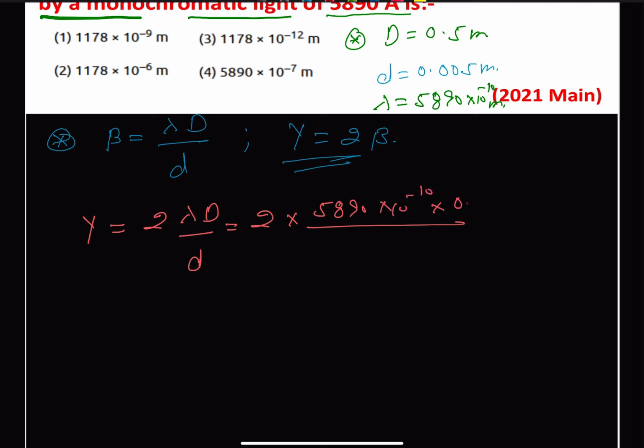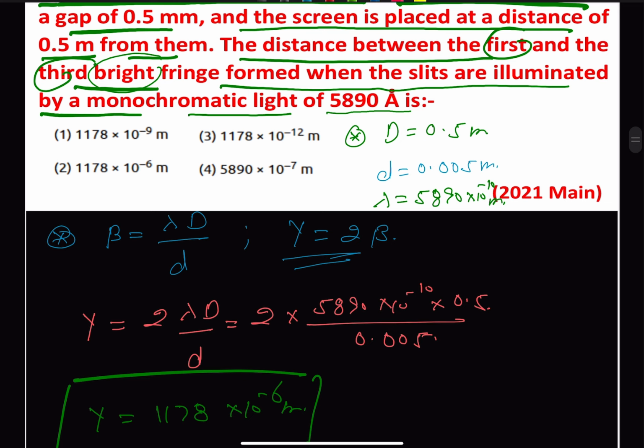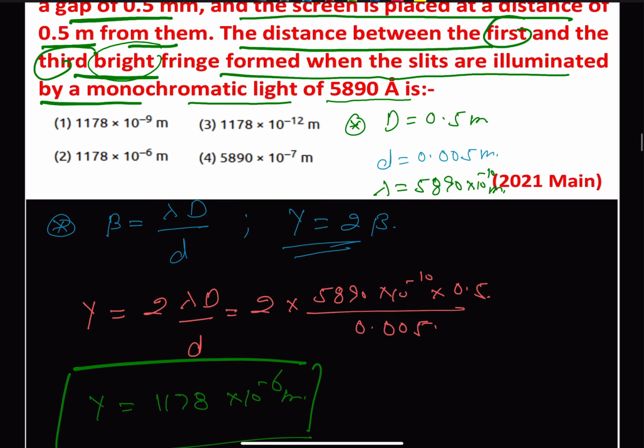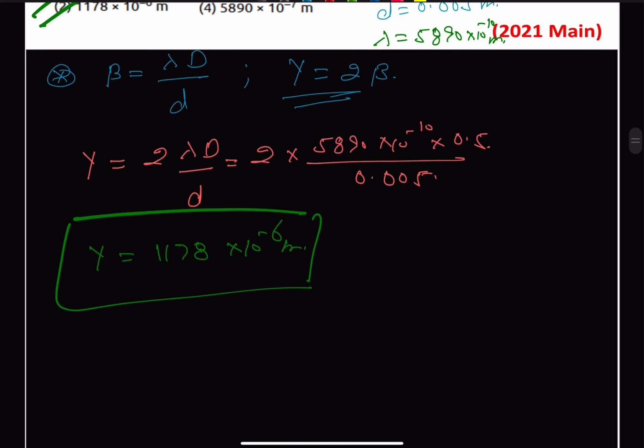Capital D is our 0.5. Small d is our 0.0005. So this gives us that y will be equal to 1178 into 10 to the power minus 6 meters. So this is the distance between the first and the third bright fringe. And option number 2 is the correct one. Option 2 is correct.